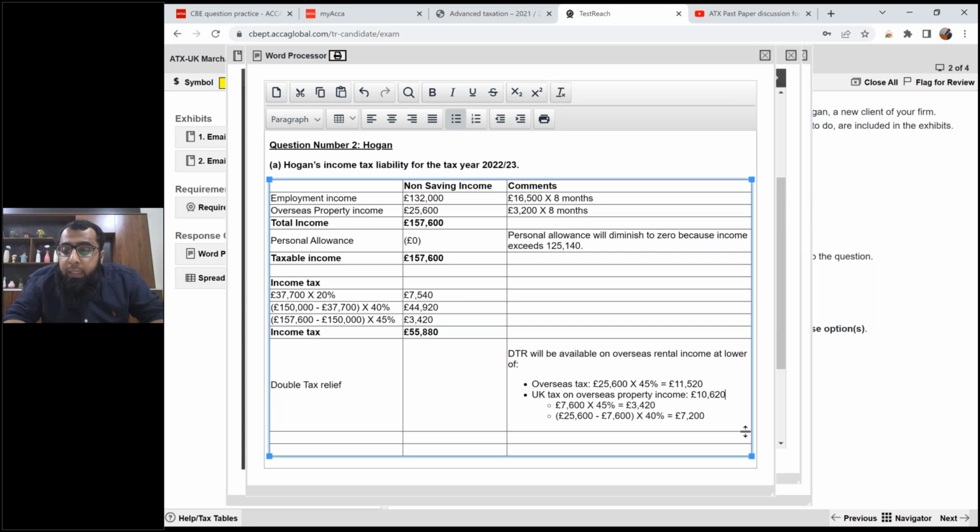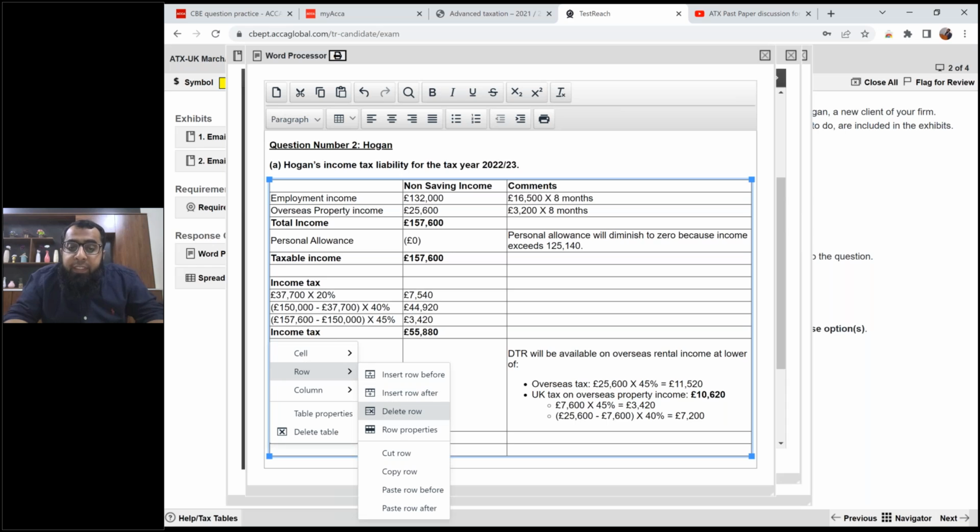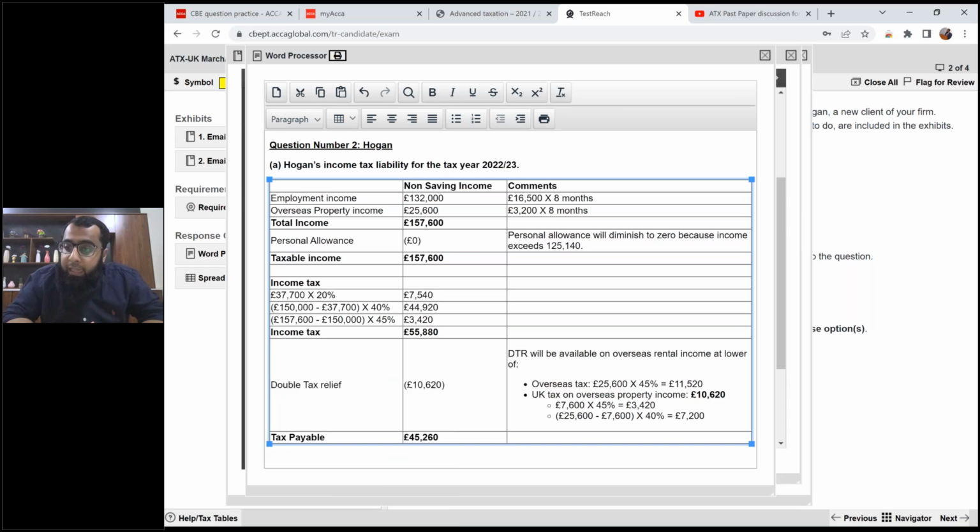So obviously the DTR is the lower of the two, and 10,620 is lower. So this gives me my tax payable of how much? 55,880 minus 10,620, which is 45,260.